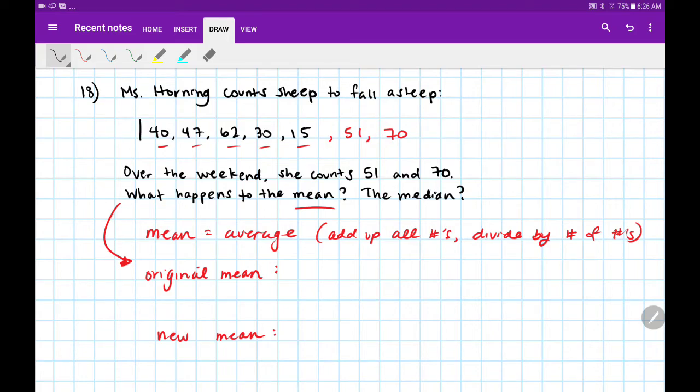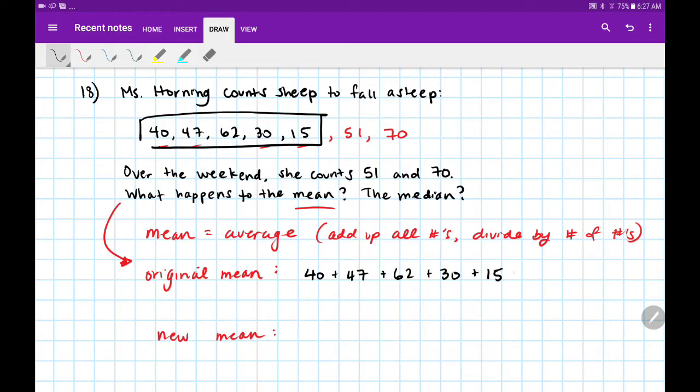To find the original mean, I'm going to be adding these all together. So 40 plus 47. Go ahead and use a calculator to add them quickly. When I added these all up in my calculator, I got 194. Check me on that though.